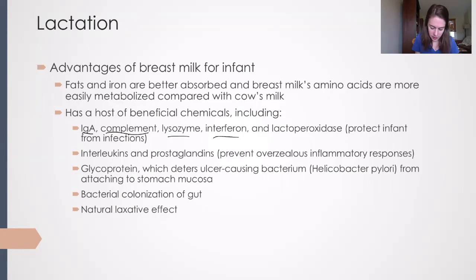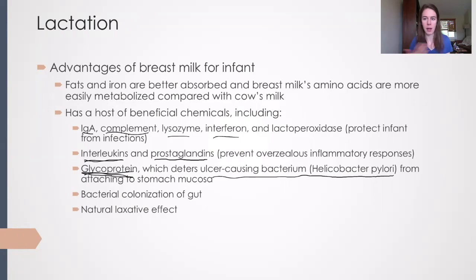Prostaglandins prevent an immune response, an inflammatory response, along with interleukins. Glycoprotein prevents this ulcer-causing bacterium, Helicobacter pylori. That's that bacteria that if it gets into the gut, it will burrow into the stomach and cause all those gastric ulcers.